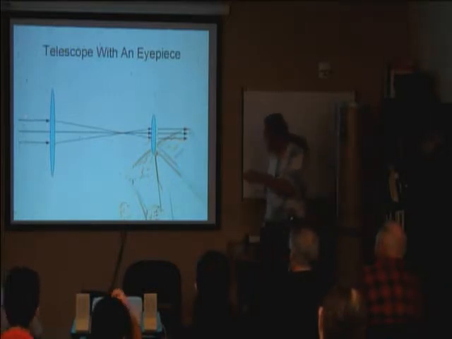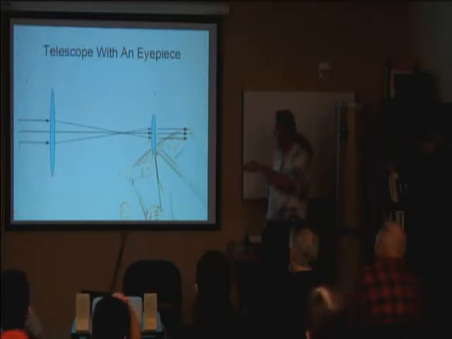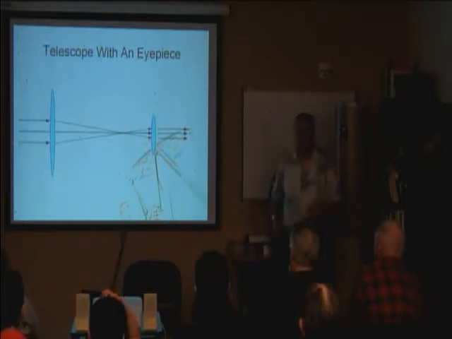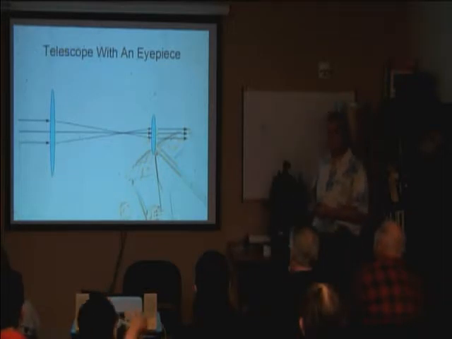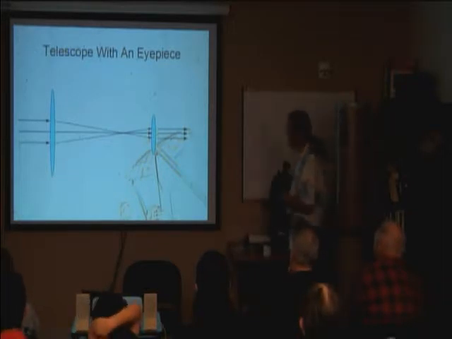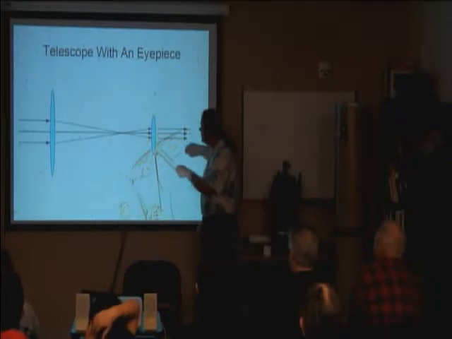So light coming in is going to cross over at the focal length for this lens. And the center line is easy to go through both the lenses, because if they're centered, then that line will go all the way through both lenses. Correct? Okay. Now the question is, what happens over here?